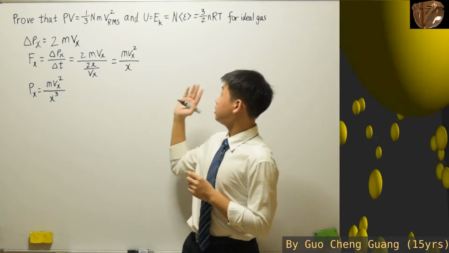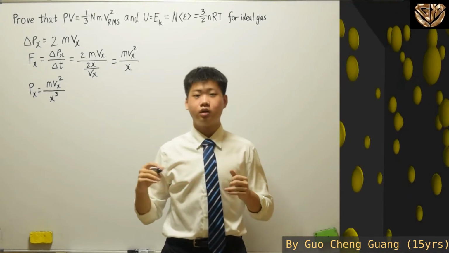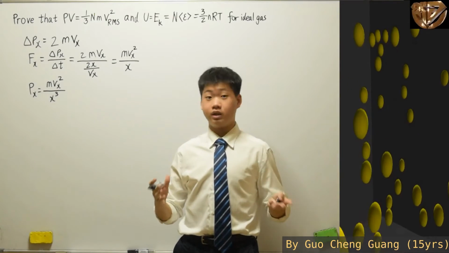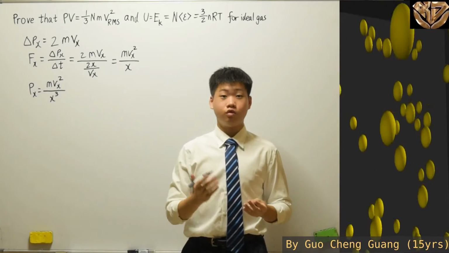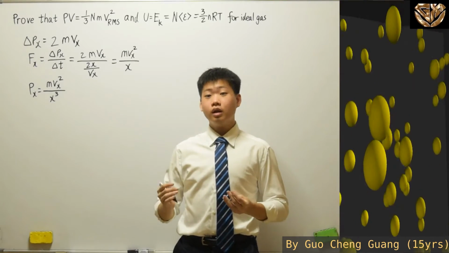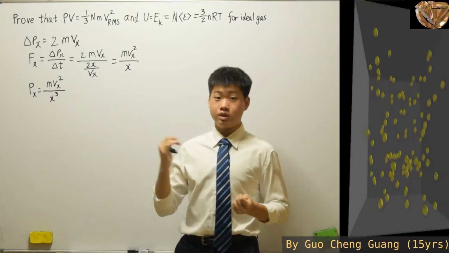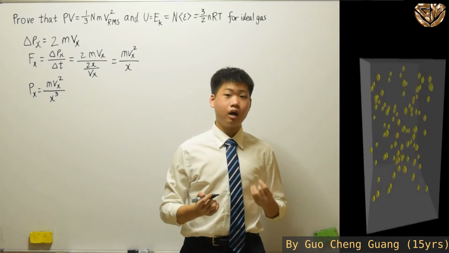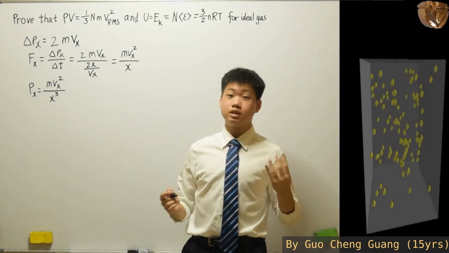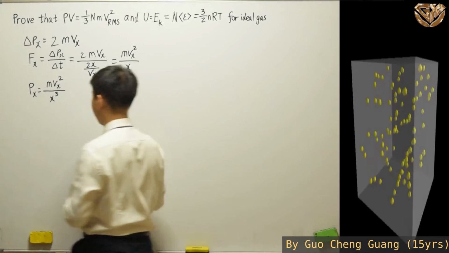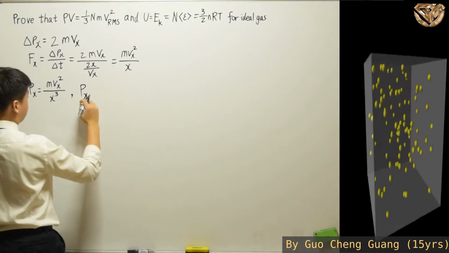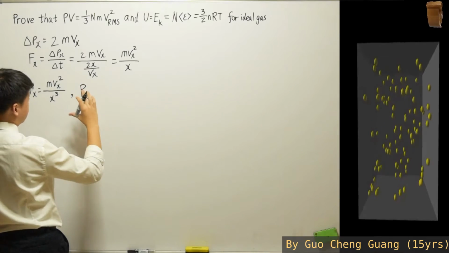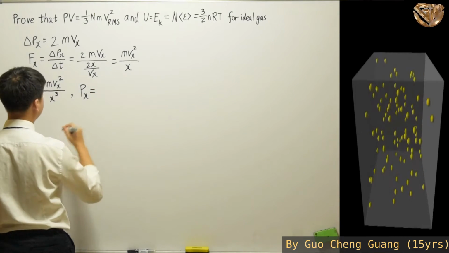But since normally you would have a lot of particles inside, that means we would have different speeds for each of the particles. And that means we would have to use something else to find them, isn't it? Now let's find the entirety of whatever you have. So this time it is for all the particles within the container.